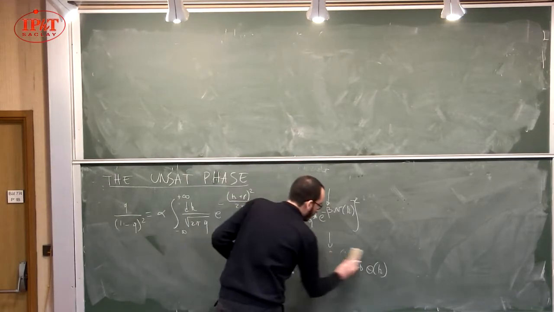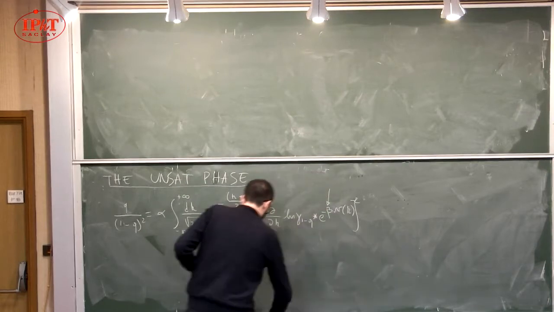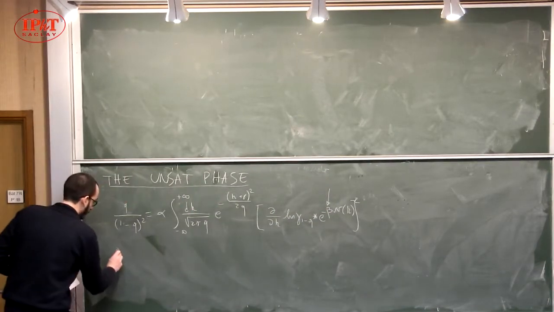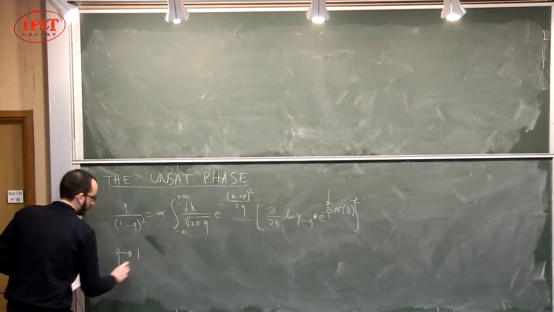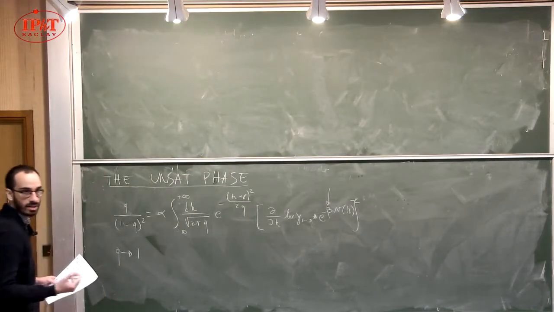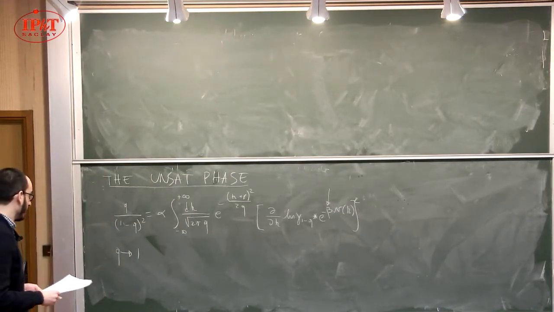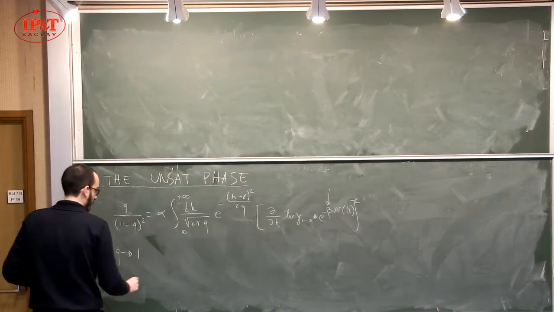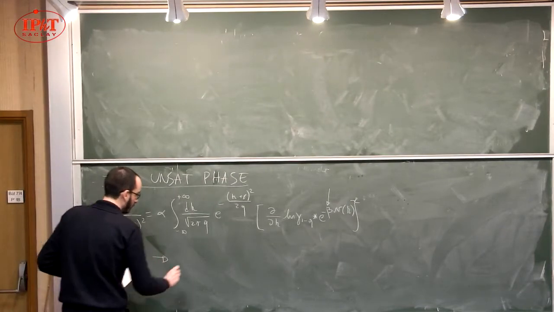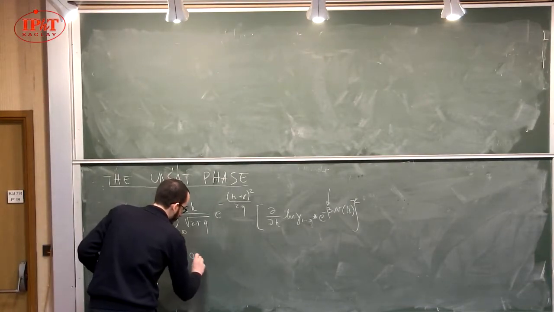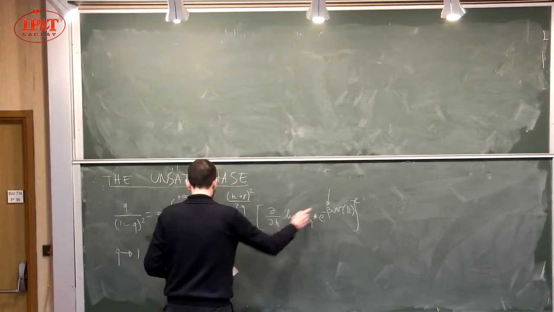And so what we have to do, and so in this case, q, of course, goes to 1, and it's 1 in the unsat phase.